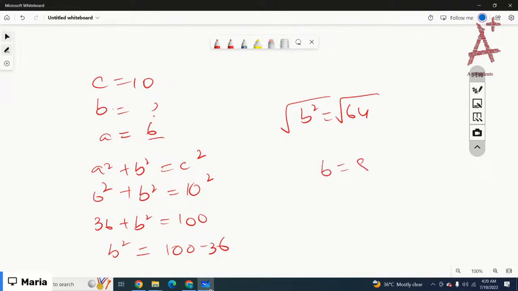So it would be b equals 8. So the correct option is b equals 8.